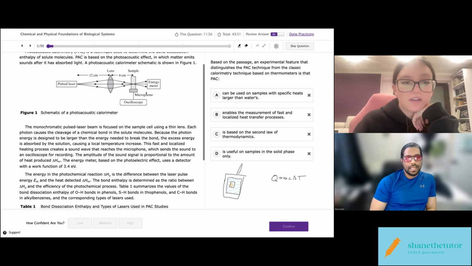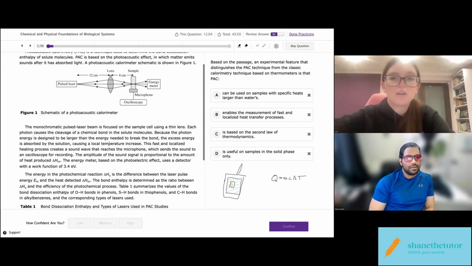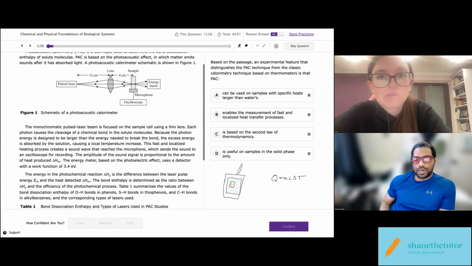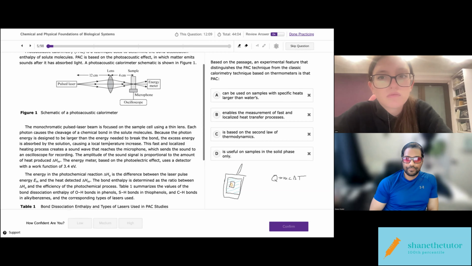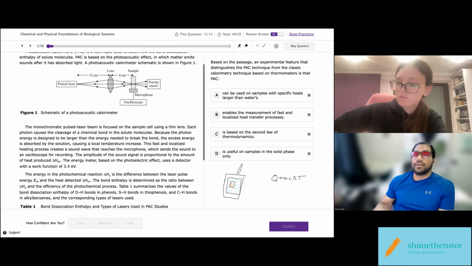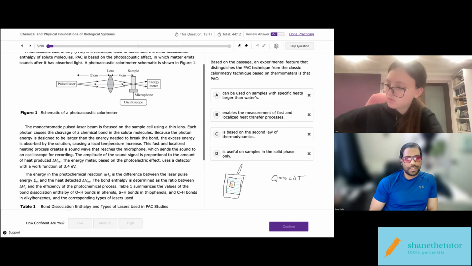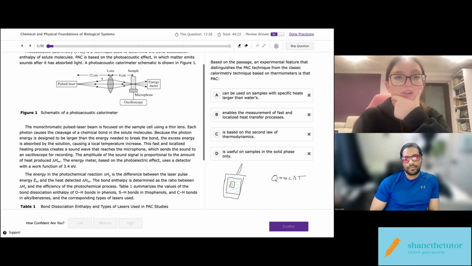So what do they say in the passage that we've read so far? What we're trying to do is break bonds here, right? We're trying to break bonds in solutes. So where would the solutes be? It's either before the lens or within the lens, which doesn't really make sense.